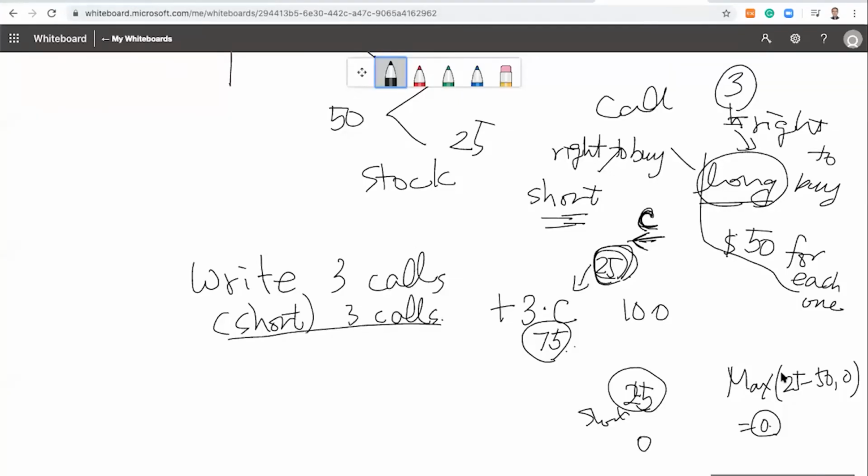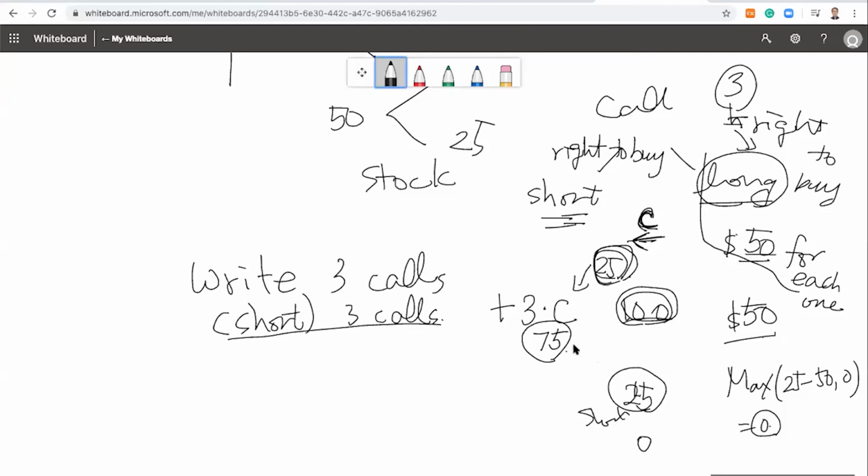Then if you are on the long side and the stock price is $100, you have the right to buy this $100 worth of stock by just paying $50. So for each one in the long position, you have $50 profit.